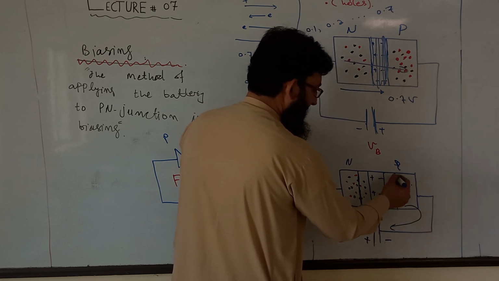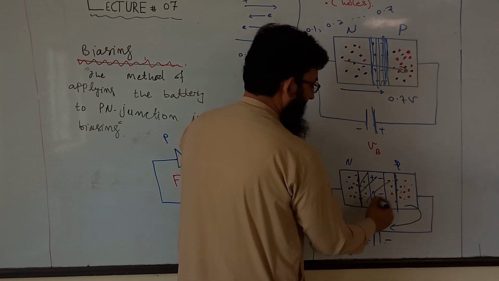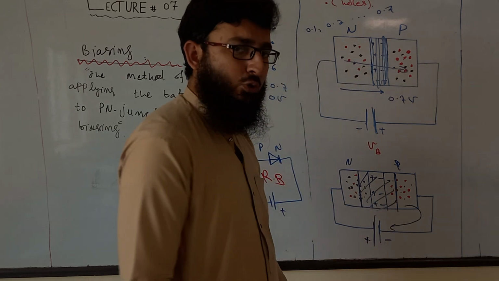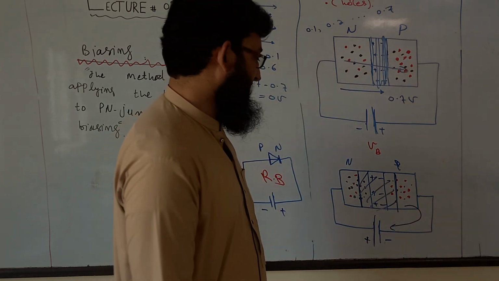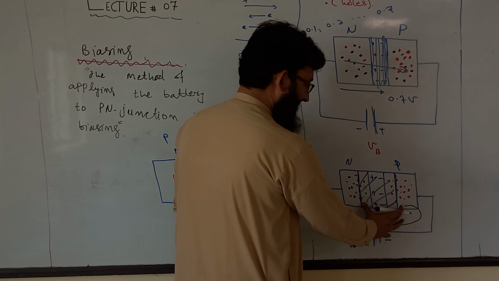So here the potential barrier will also be increased and the current will be unable to flow due to majority carriers. So in this very case, the current is unable to flow due to majority carriers.